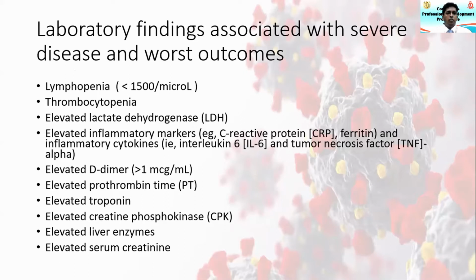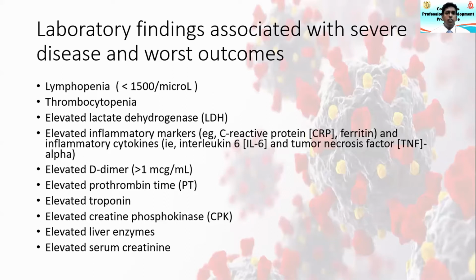And these are the laboratory findings which tell us about severe disease. One is lymphopenia, another is thrombocytopenia, and elevated LDH and other inflammatory markers like CRP, ferritin, and if you have the facility, interleukin 6 levels, and D-dimers, elevated prothrombin time, troponins, CPK values, liver enzymes and serum creatinine.